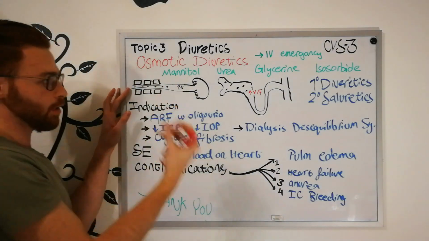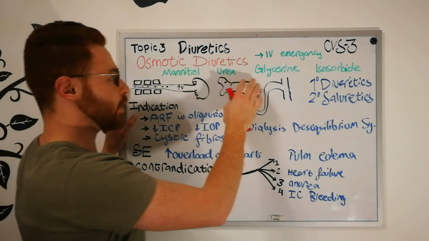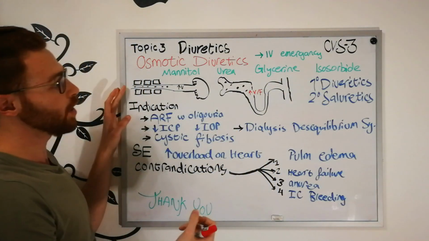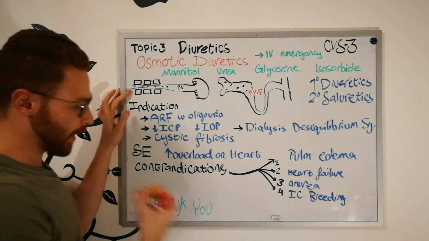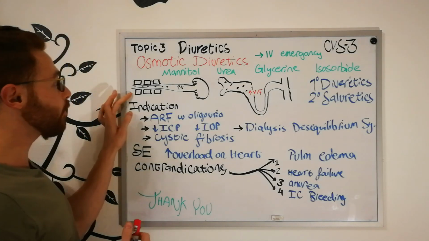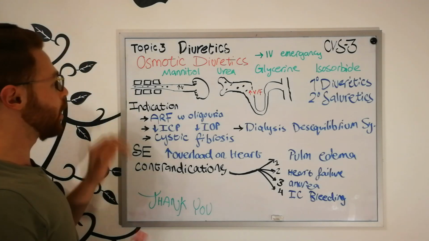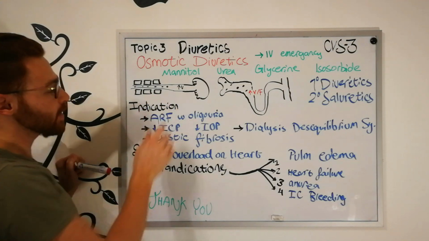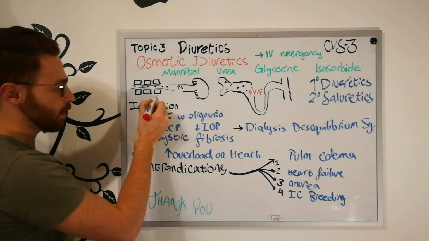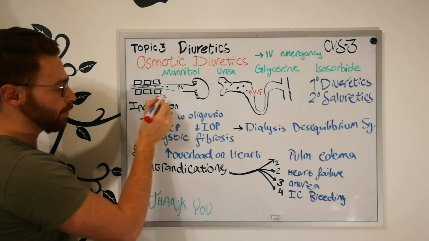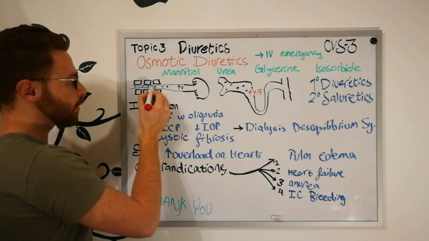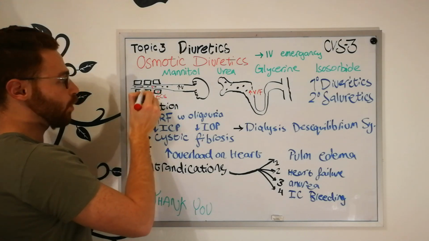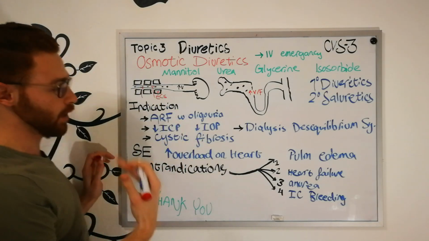So the osmotic diuretics, like mannitol, urea, glycerin and isosorbide, when they are in the blood, basically they are osmotically active, which means that they are going to drive the water towards them. So the water that is present in the extracellular space, and also from the intracellular area, is going to be driven towards the circulation when the osmotic diuretics are circulating in the blood.